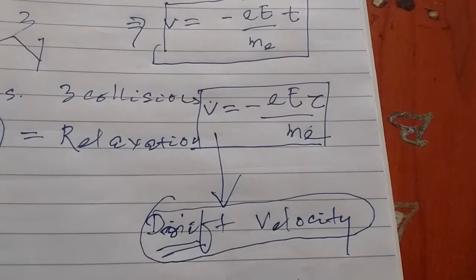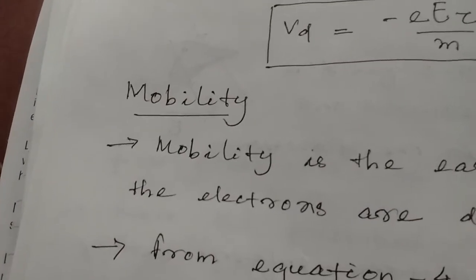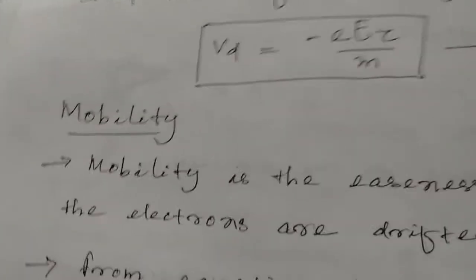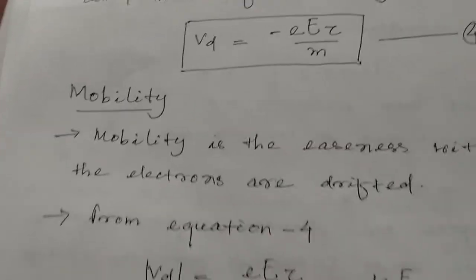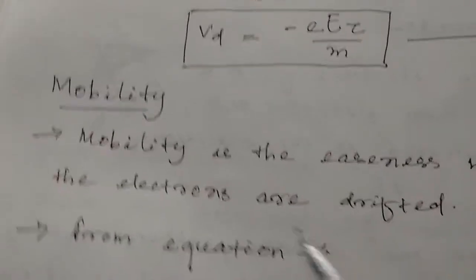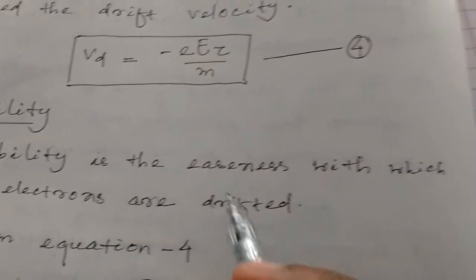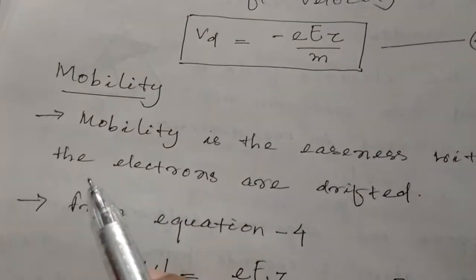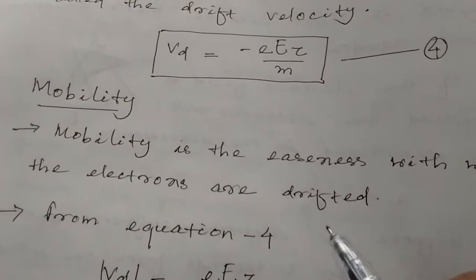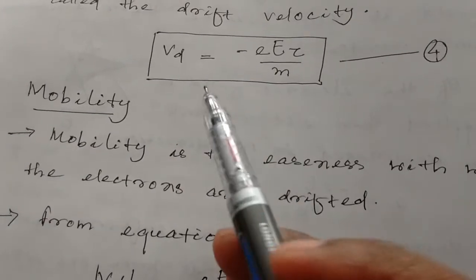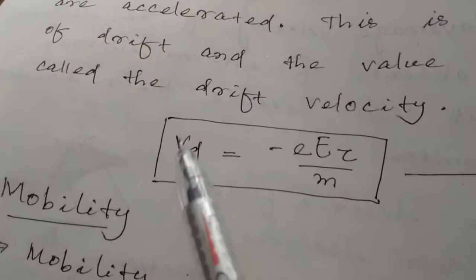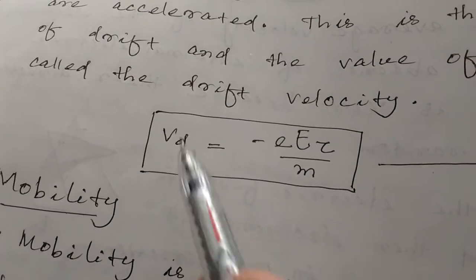Now the next topic is mobility. Very simple thing. Let us take a look at its definition. Mobility is the easiness with which the electrons are drifted. Here you can see v is denoted as vd. vd is nothing but drift velocity.